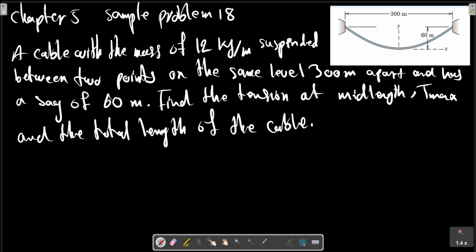For the catenary cable, we have this relation.